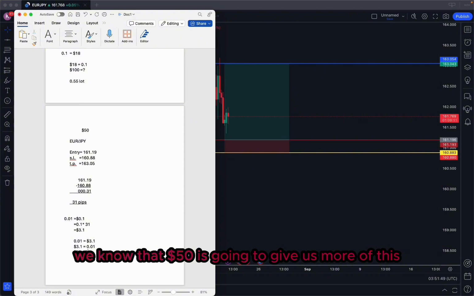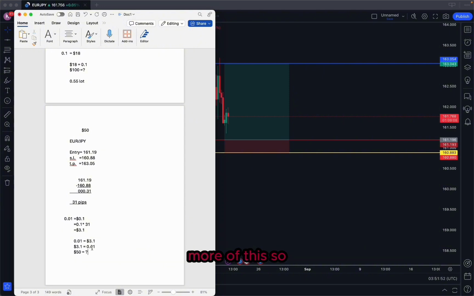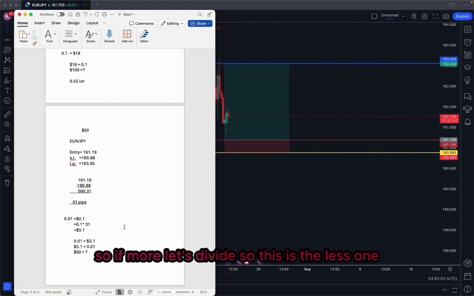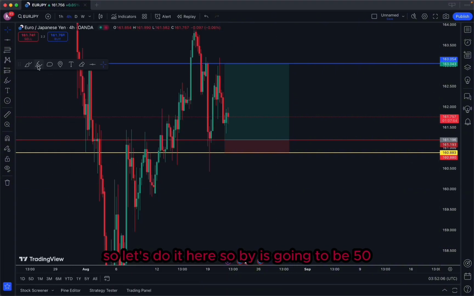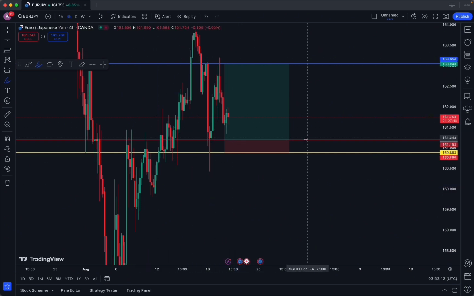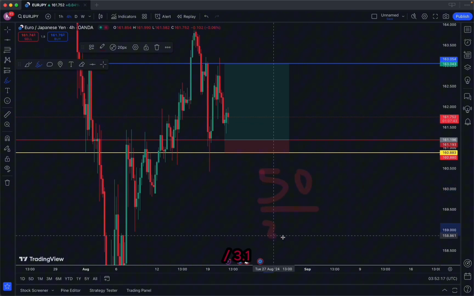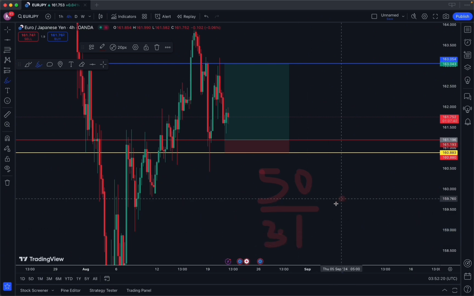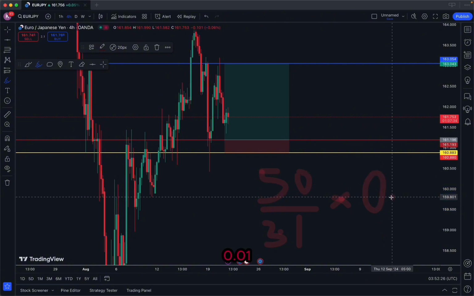So with this, we know that $50 is going to give us more of this. So we divide $50 by this $3.1 times this 0.01 to get this value. So it's going to be 50 divided by 3.1 times 0.01.